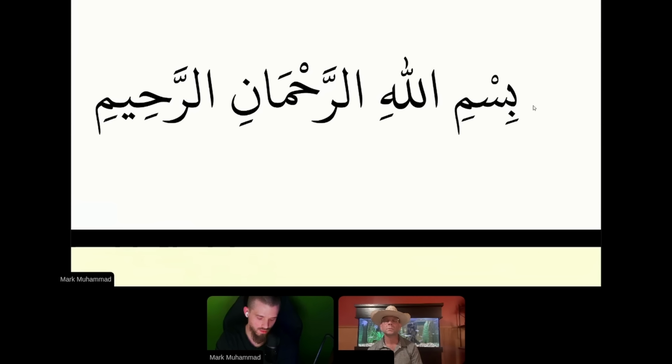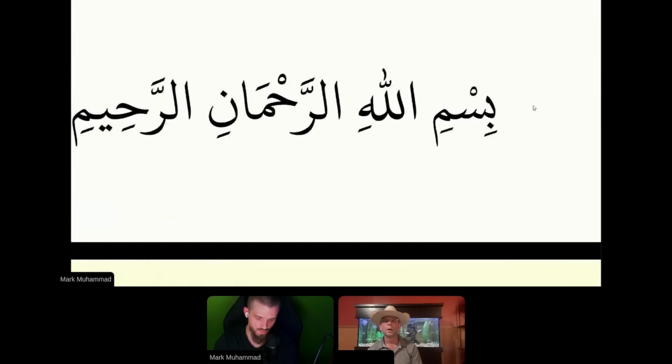So it's a special letter because if we just read this word in isolation, we're going to pronounce it with a fatha, like a Hamza with a fatha. Because we're just reading this word on its own. We're not going to go over the rules of that now, but basically the way you would read that would be like this.